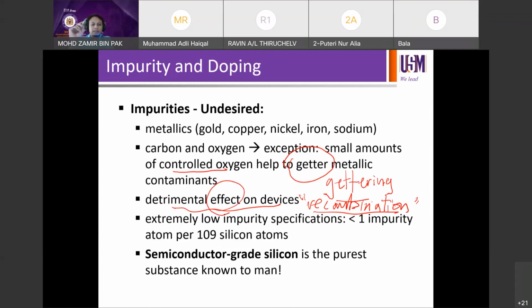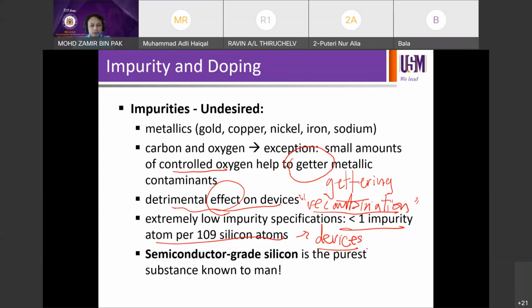Okay, extremely low impurity specifications. This is one of the specifications that you can tell, but this one is really dependent on the devices. Okay, the level of impurity incorporation depends on your devices. Semiconductor grade silicon is the purest substance known to man, known to humankind.